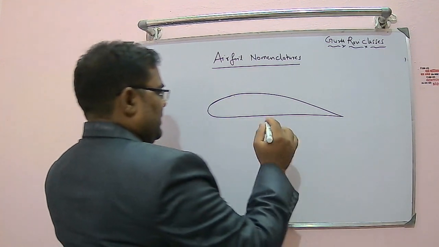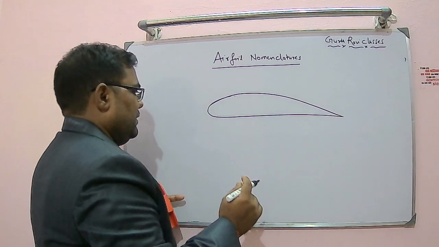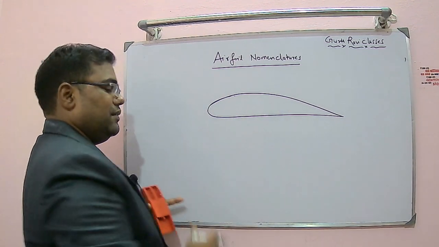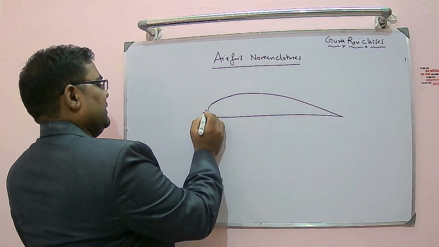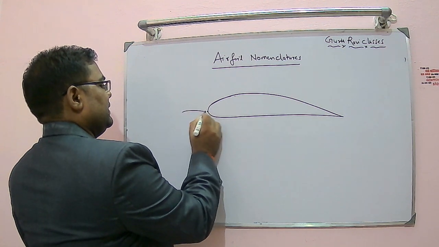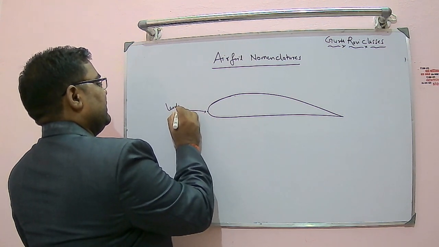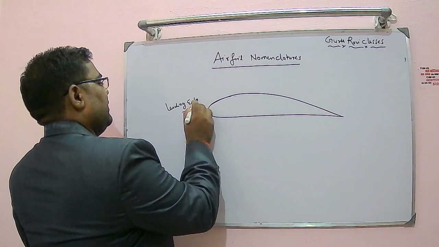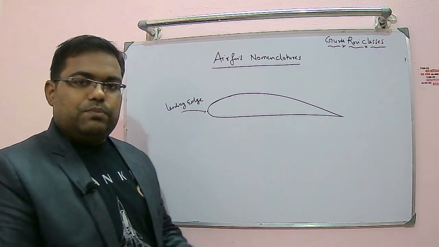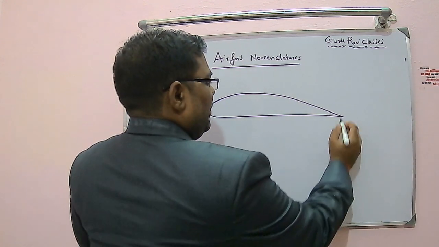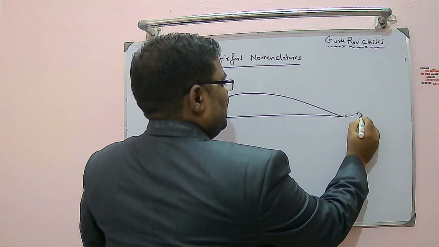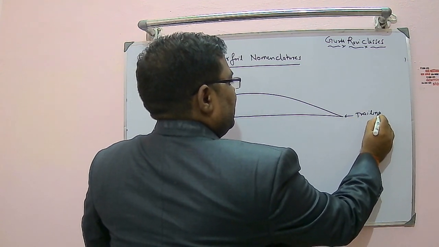The forward-most point is known as the leading edge, and the most backward point is known as the trailing edge.